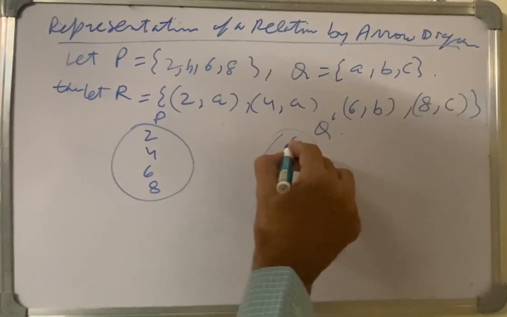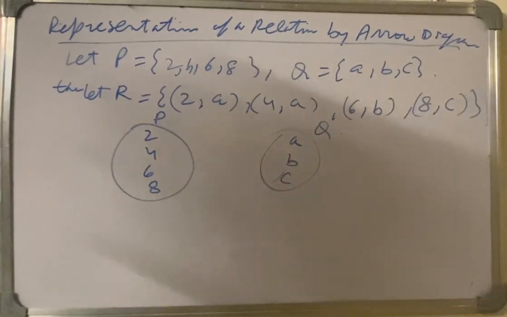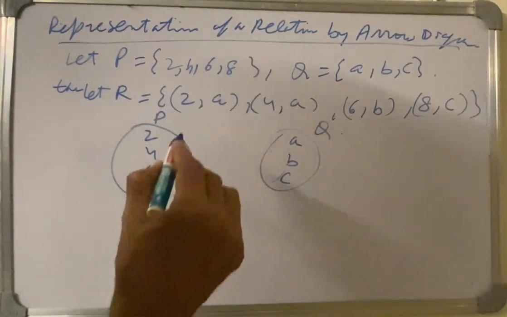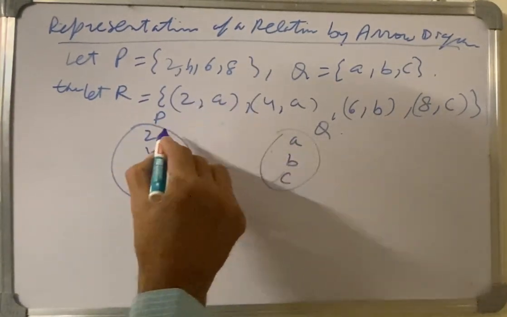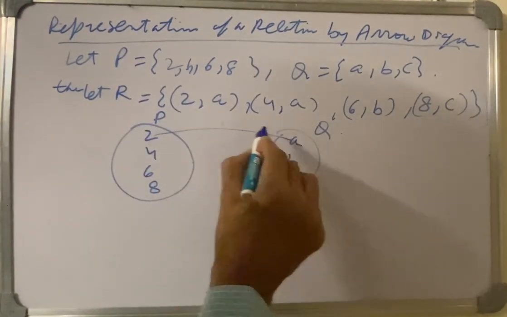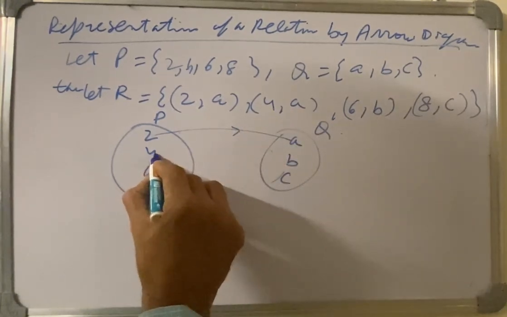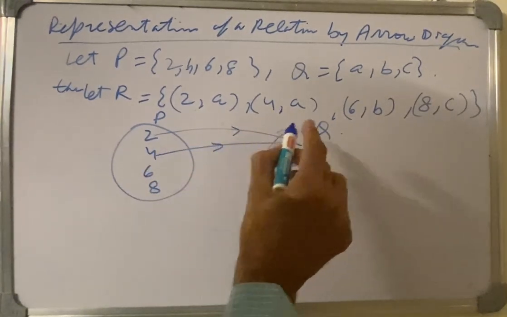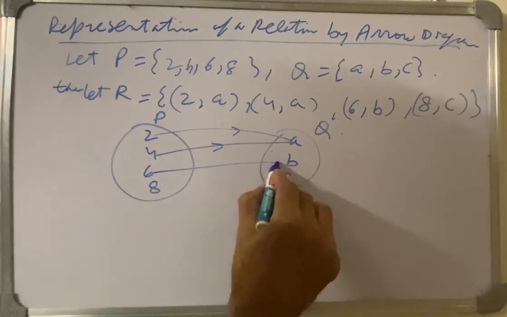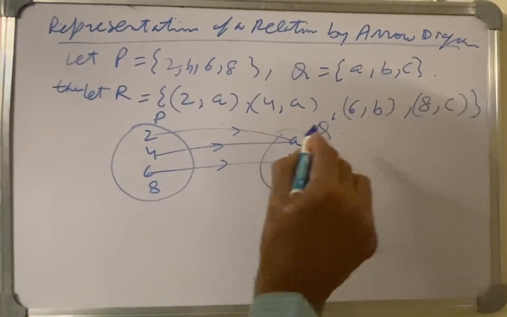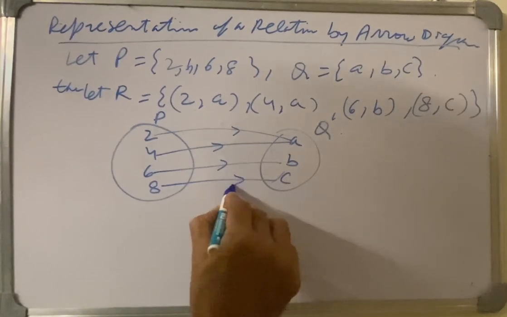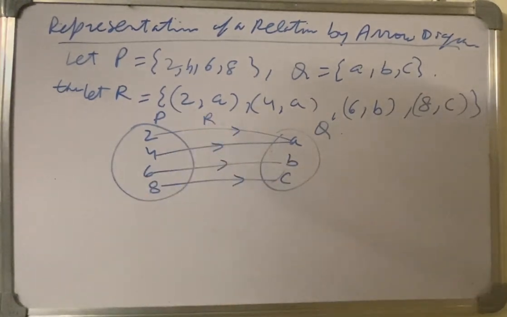This is Q: A, B, C. Now 2 is related to A, 4 is related to A, 6 is related to B, and 8 is related to C. So in this way we can denote this relation by an arrow diagram.